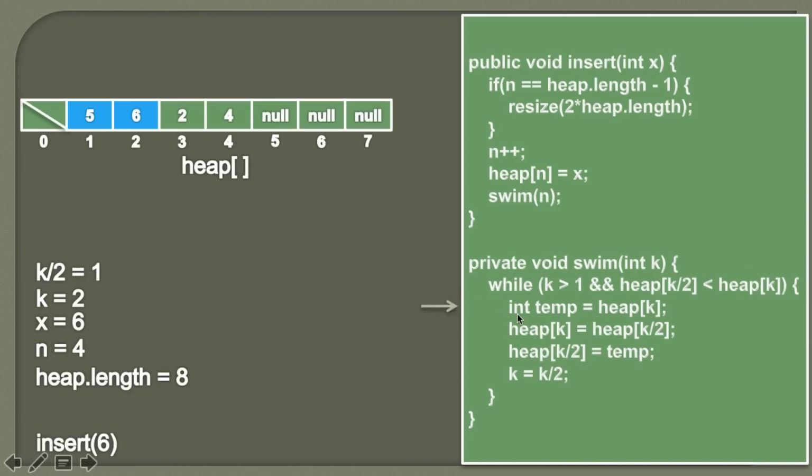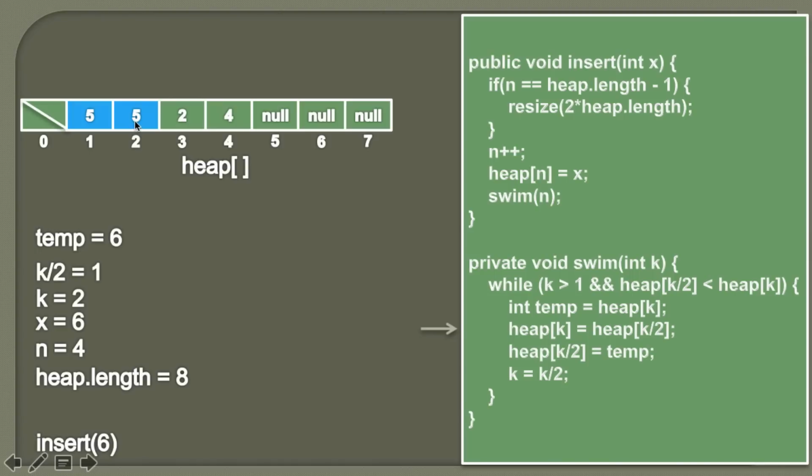And as we are inside this while loop, we'll simply swap these two values using this temporary variable. So at first step, we'll simply assign the value at index 2 to temp, and then we'll assign the value at index 1 to index 2.